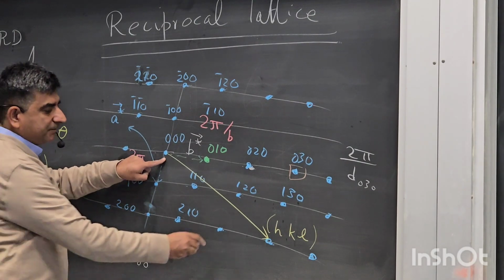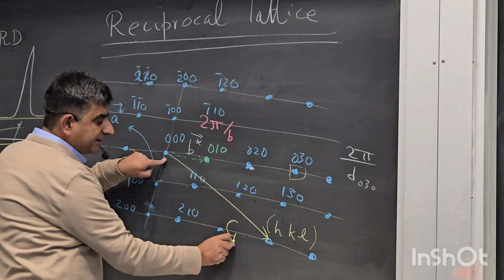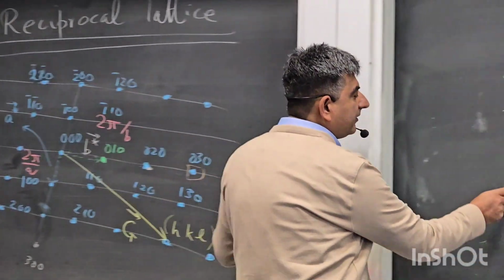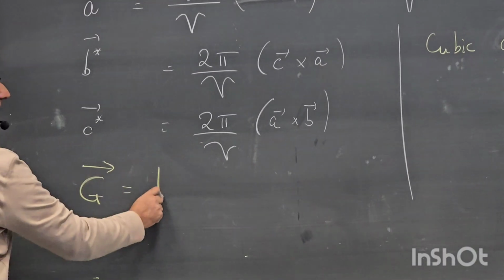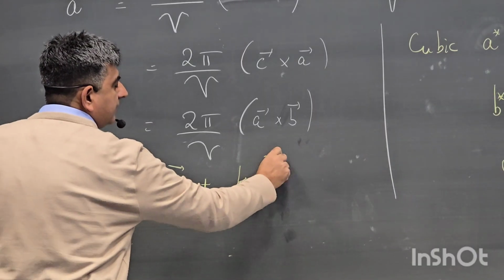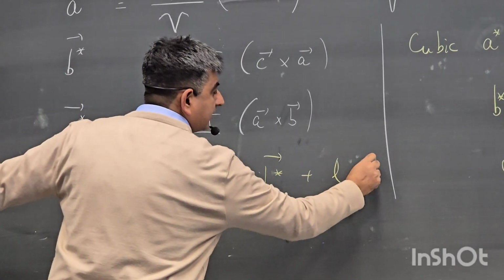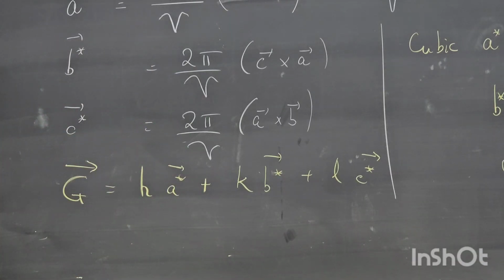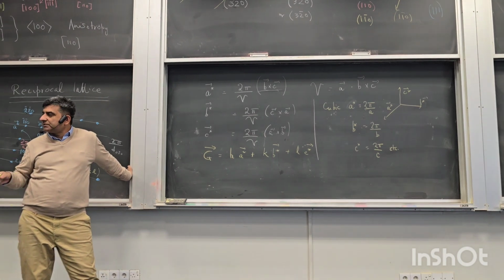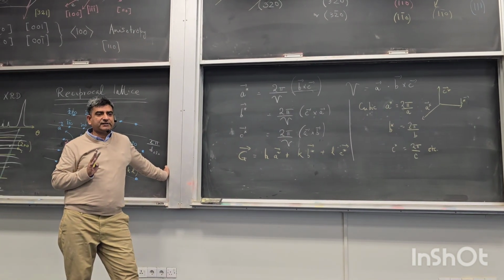So this becomes a reciprocal vector in the reciprocal space and is generally represented by G. Okay. So G will be given as a general vector in the reciprocal space as H A star plus K B star plus L C star. ठीक है? तो जब हम इलेक्ट्रॉन डाइफ्रैक्शन और बैंड्स पढ़ेंगे, how bands are formed, the rest of the course, our course will derive heavily from the idea of the reciprocal space.